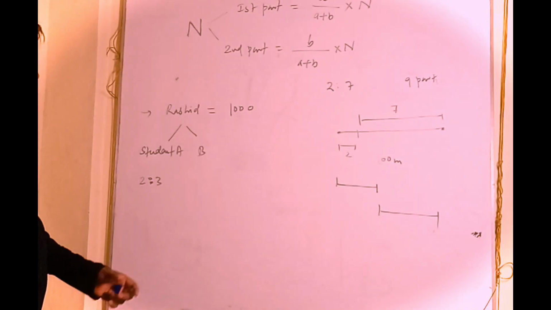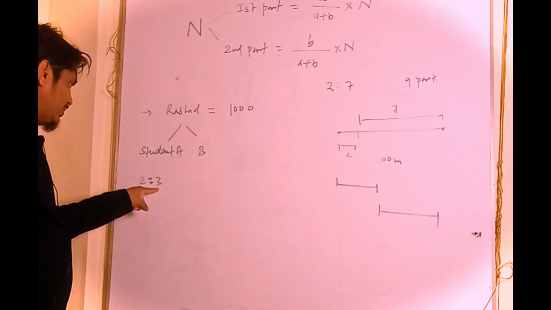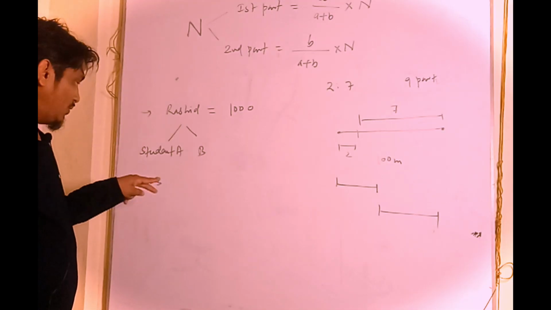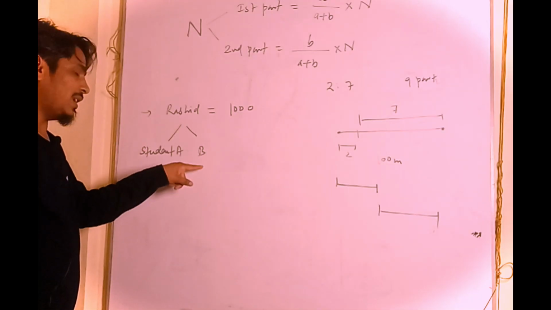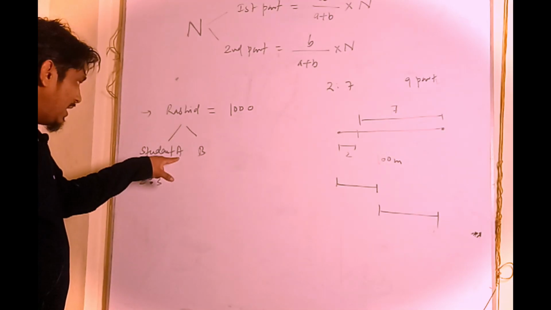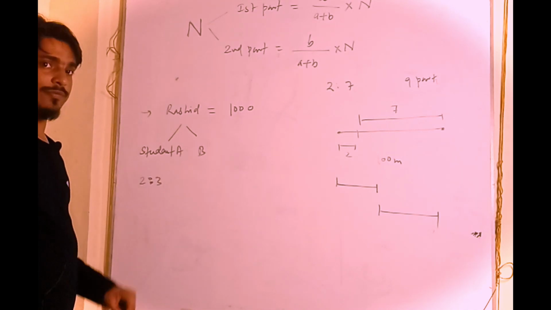It means we are dividing it into a total of 5 parts. Of those, 2 parts I'll give to A and 3 parts I'll give to B. So how much will A get and how much will B receive?